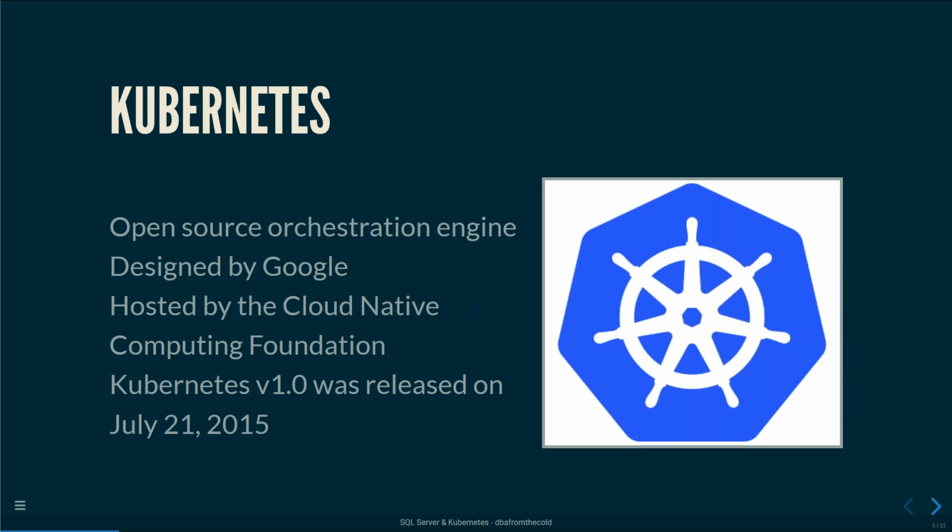Even so, its nickname, whilst it was being developed, was 7 of 9. A friendlier Borg. It's also why there are 7 spokes on the wheel there, apparently. So originally designed by Google, it is now hosted by the Cloud Native Computing Foundation, and version 1.0 was released in July 2015, so just over 4 years old.